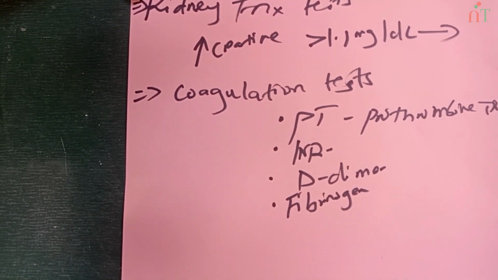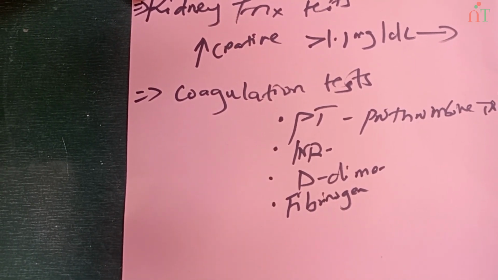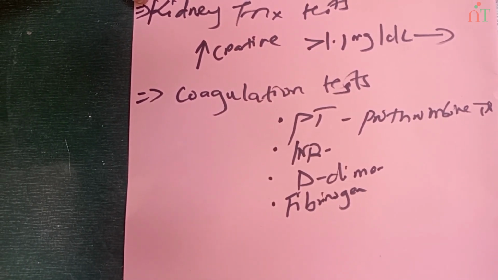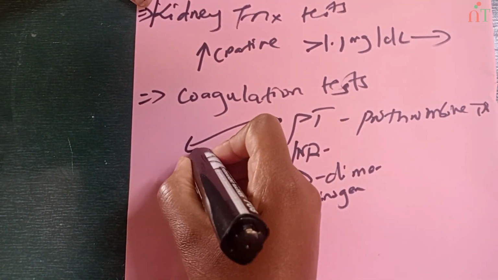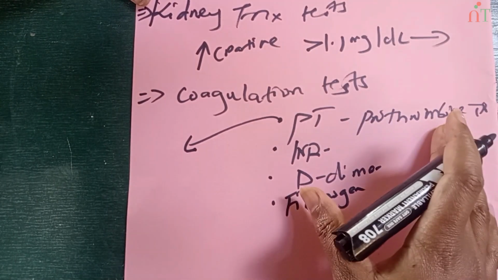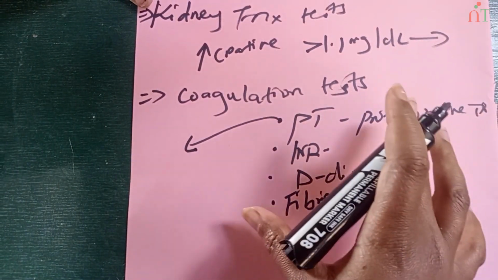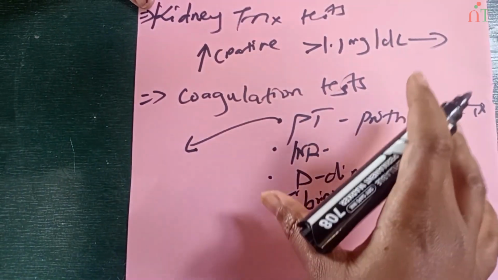So prothrombin time, the normal range is about 11 to 13.5 seconds. Please note that. Prothrombin time is a test that measures how long it takes for blood to clot.